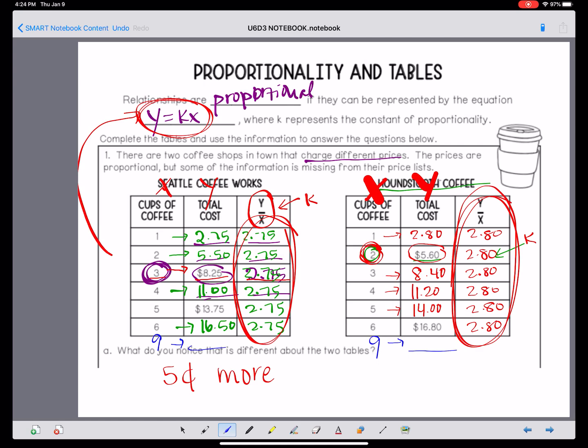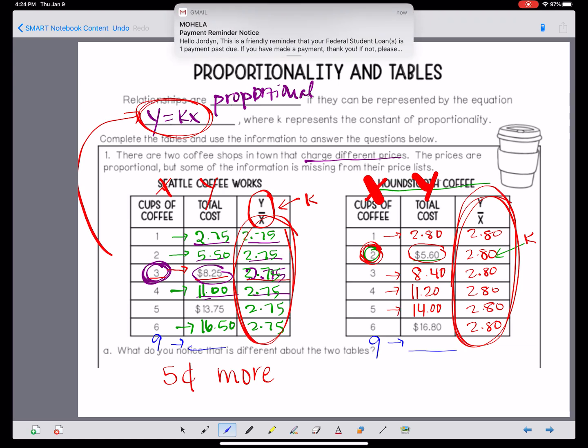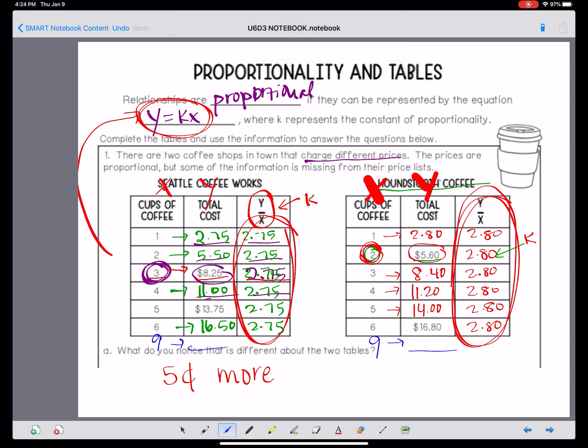Let me see in my notes if I have the answer to that. If not, I'll work it out right now. All right, so 9 times $2.75 gives us $24.75.